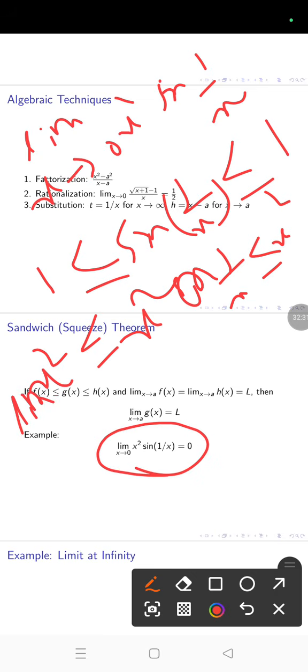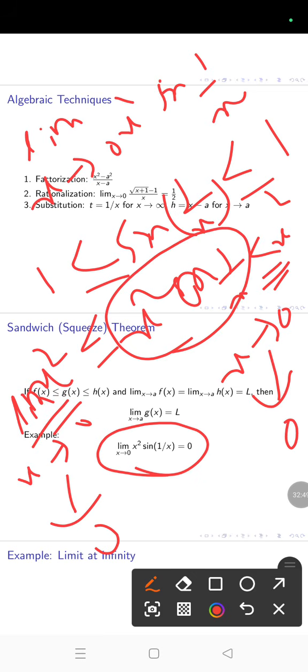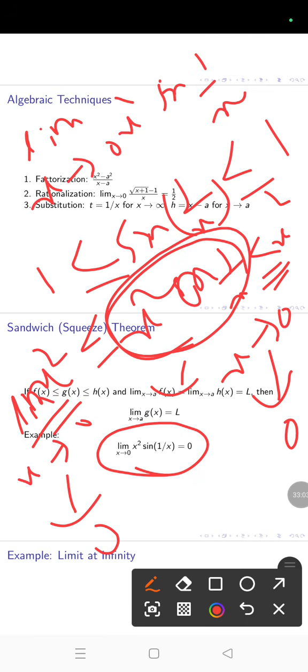The limit of x square as x tends to 0 is 0, and so the limit of the middle portion is also 0, using your sandwich or squeeze theorem. Understood?